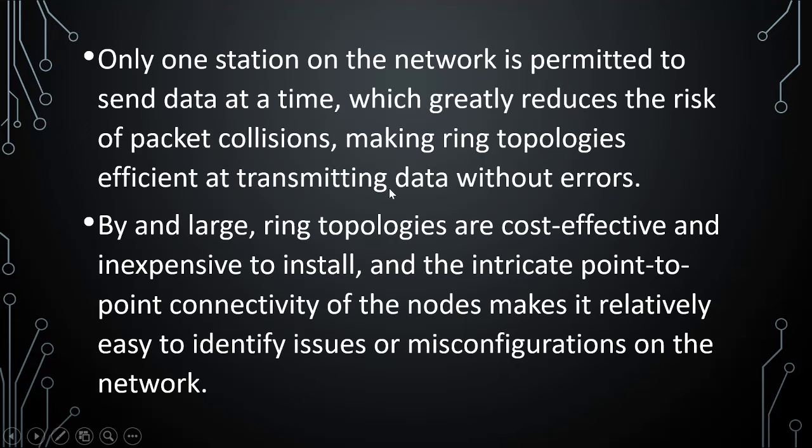Only one station on the network is permitted to send data at a time, which greatly reduces the risk of packet collisions, making ring topologies efficient at transmitting data without errors. By and large, ring topologies are cost effective and inexpensive to install, and the point-to-point connectivity of the nodes makes it relatively easy to identify issues or misconfigurations on the network.